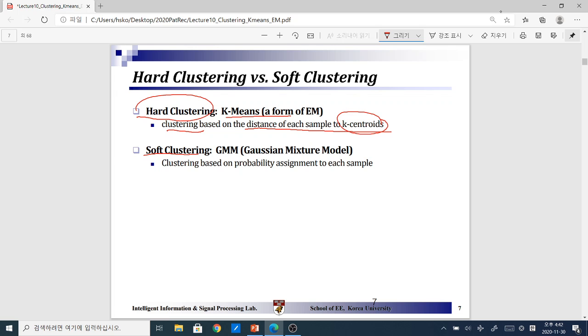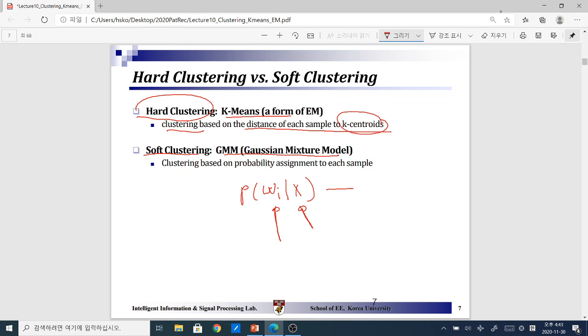Whereas soft clustering is going to be described in terms of the Gaussian mixture model, where essentially we try to assign a probability to each of these samples, so that the sample carries probability information, rather than being binary, rather than saying that this particular instance belongs to a certain cluster.